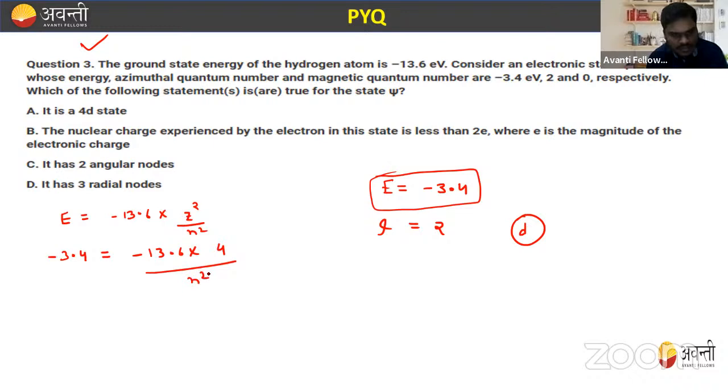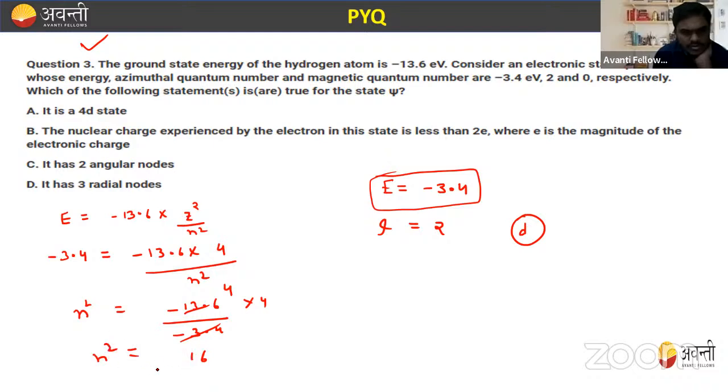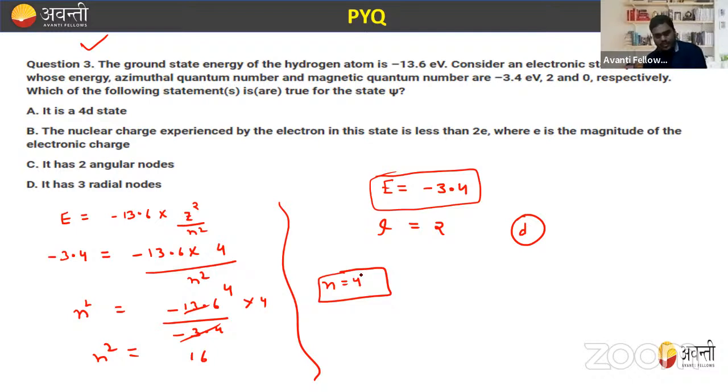And n square is what we have to calculate. So n square comes out to be 13.6 divided by 3.4 into 4, which is 16. So what is the value of n here? n is equal to 4.